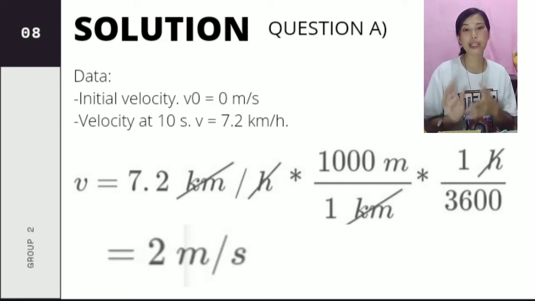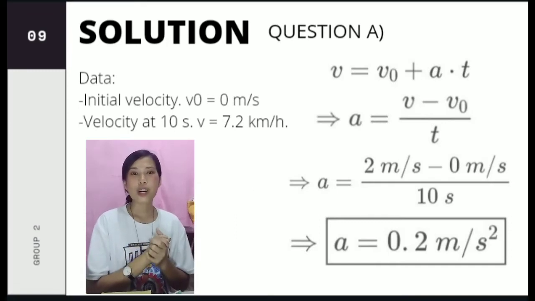Transforming the velocity to SI units, we have that the velocity at 10 seconds is V equals 7.2 kilometers per hour times 1,000 meters per kilometer times 1 hour over 3,600 seconds, which results in 2 meters per second.